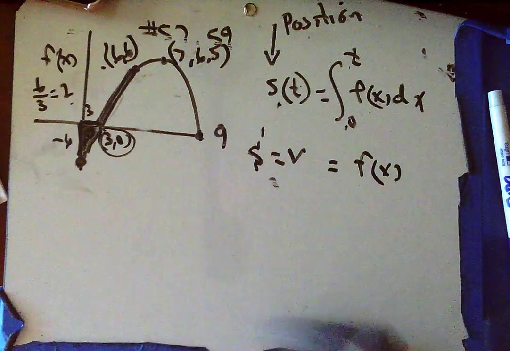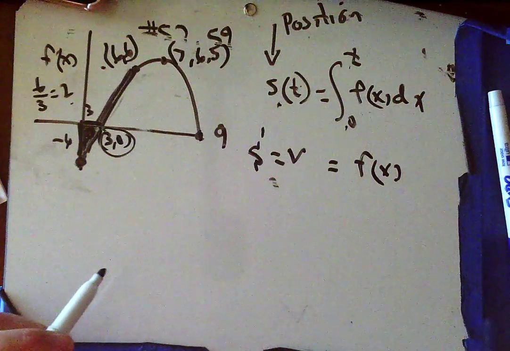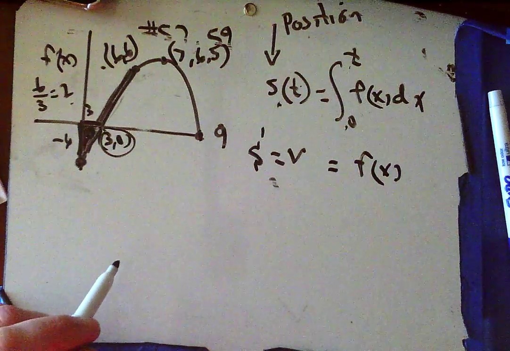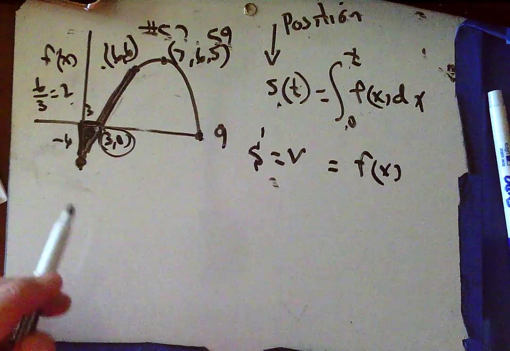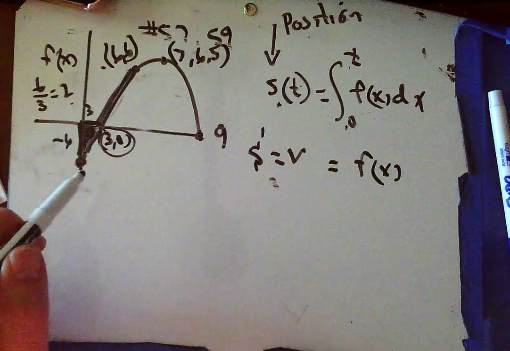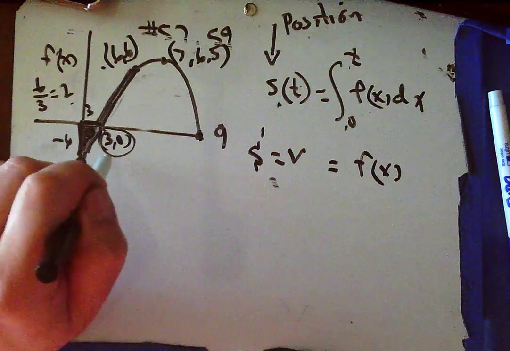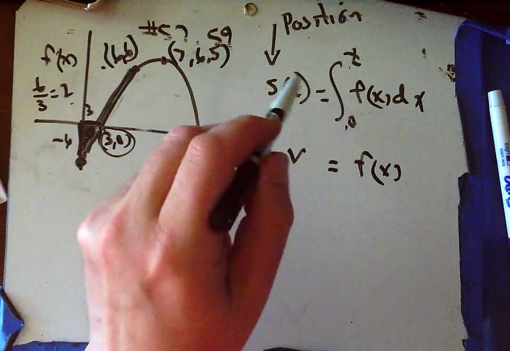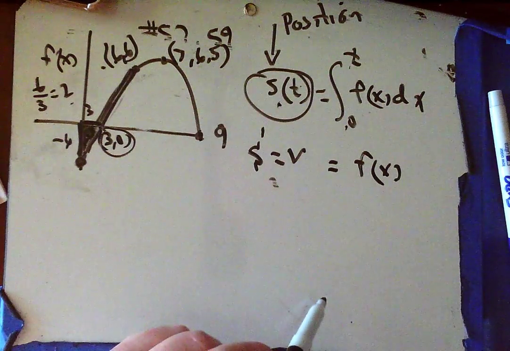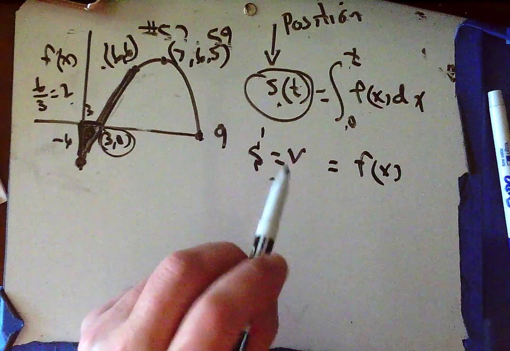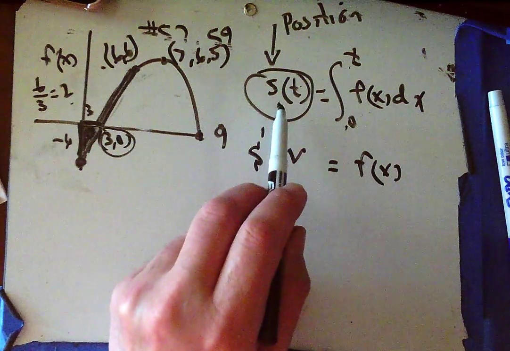All right, what's next? When does the particle pass through the origin? Well, that's an excellent question. So, no, not at 3, because we need the origin. The origin is when position equals 0.